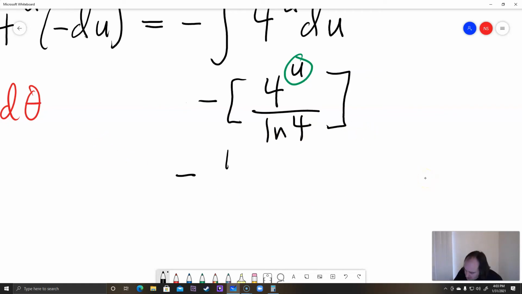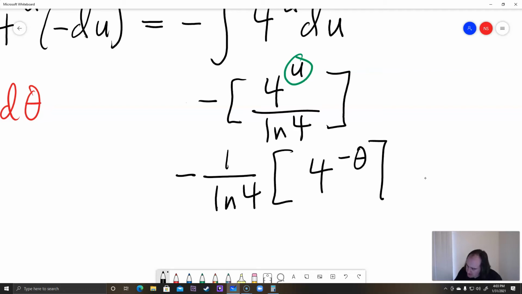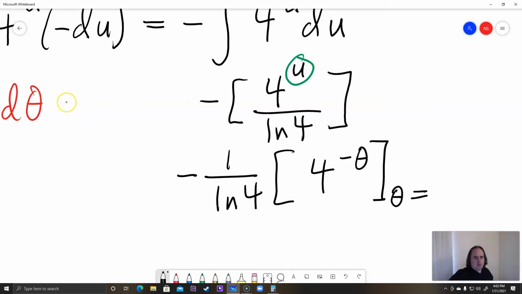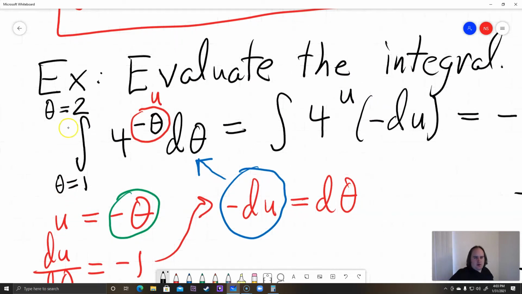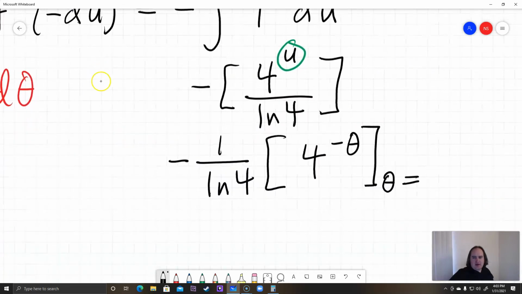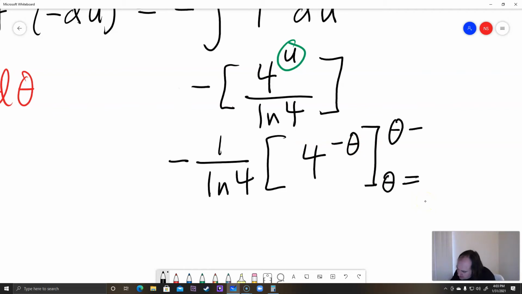So we're going to have negative 1 over ln of 4 times 4 to the u, which we said was 4 to the negative theta. And this is going to be evaluated from theta equals 1 to theta equals 2. So now that I'm finally back in terms of theta, I'm going to go ahead and write in the numbers again, the limits of integration.